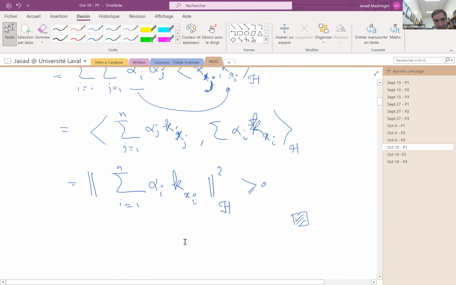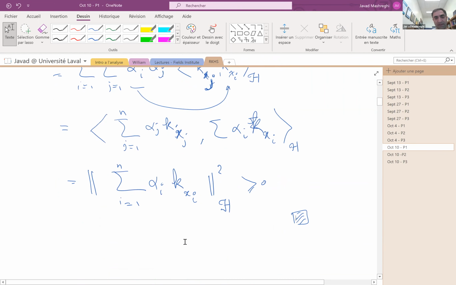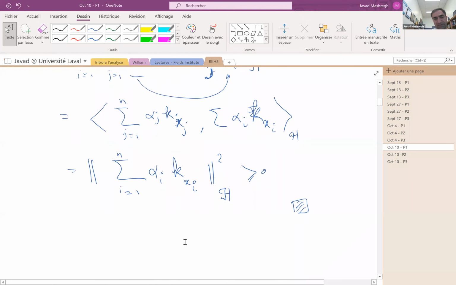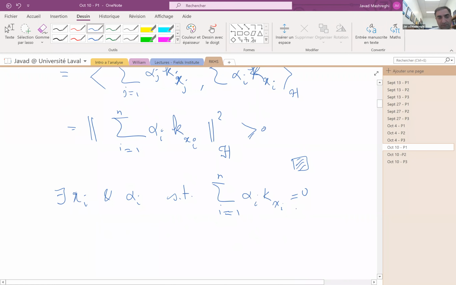And here you see that this is strictly bigger than 0, except that if there are xi and alpha i such that this combination of k_xi is equal to 0, then you see that your double sum is equal to 0.